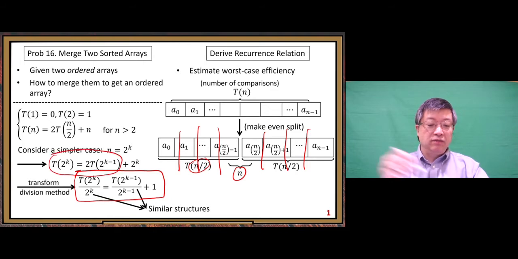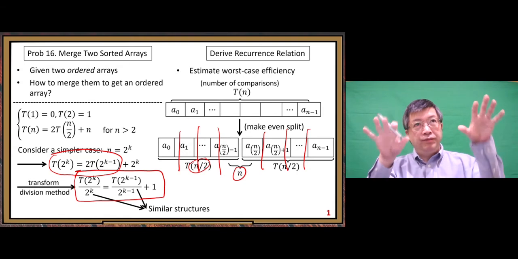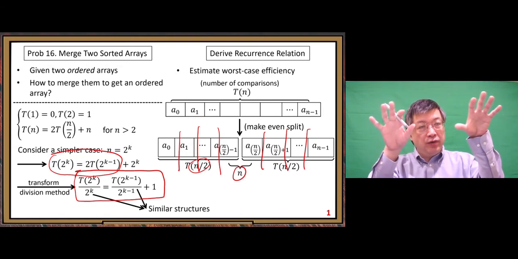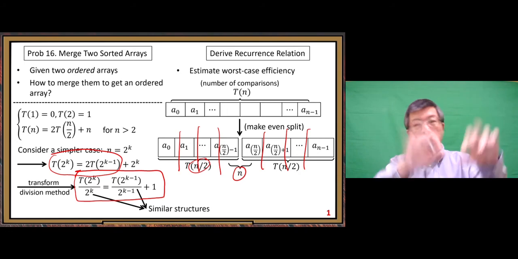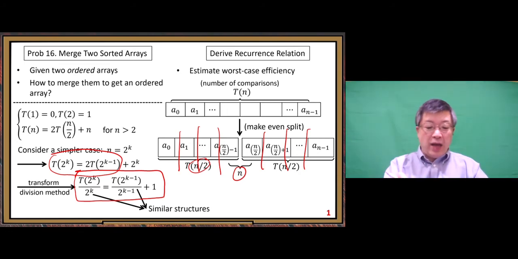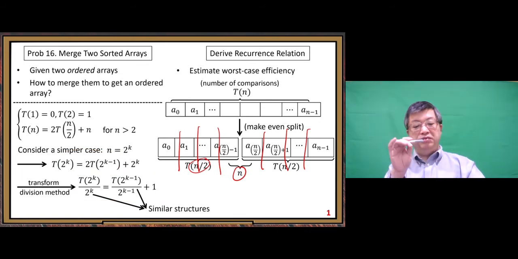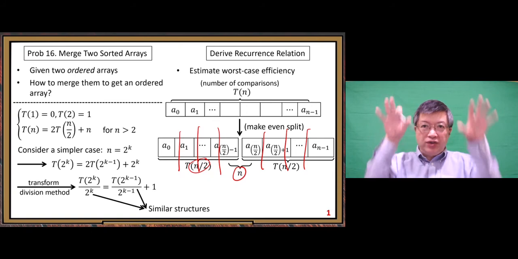Can you see similar structures for the recursive function calls? We cannot see immediately, right? Now, after we do this operation, we can see there is some similarity in these two fractions.